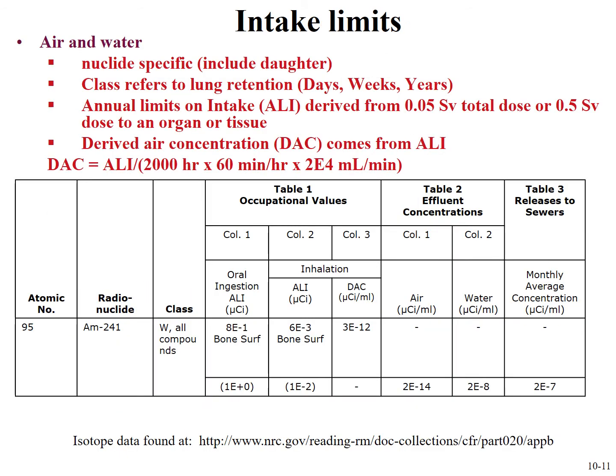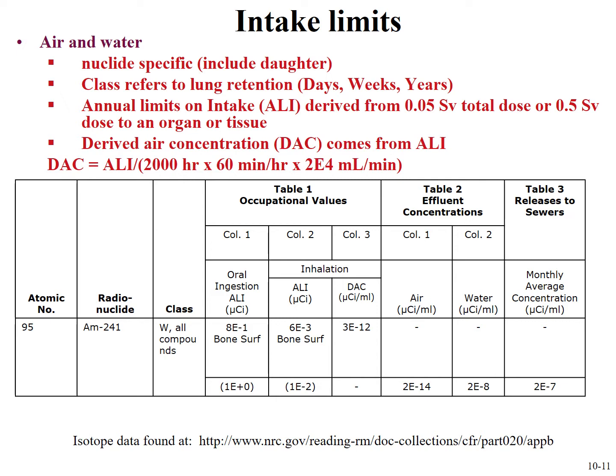Based upon allowed limits, one can start to explore the limits for given radionuclides based upon their decay and biological behavior. This information is available from this NRC website. You can go here and find out the occupational value limits for any radionuclide, including the ones that we work with.